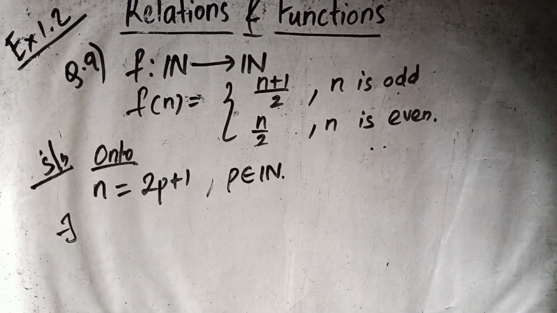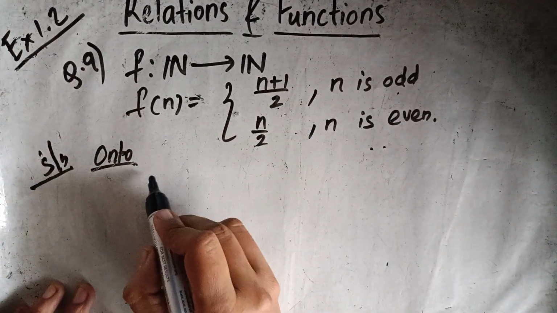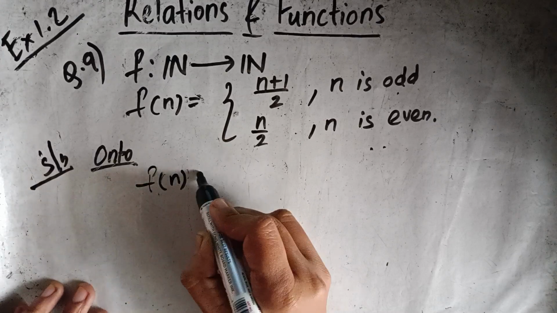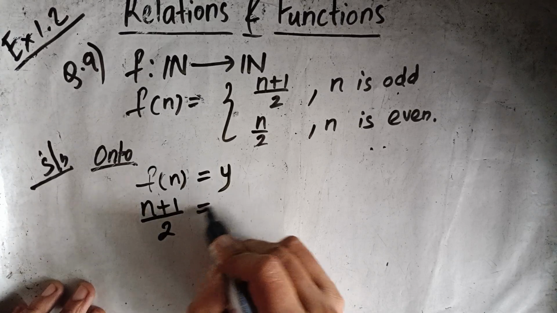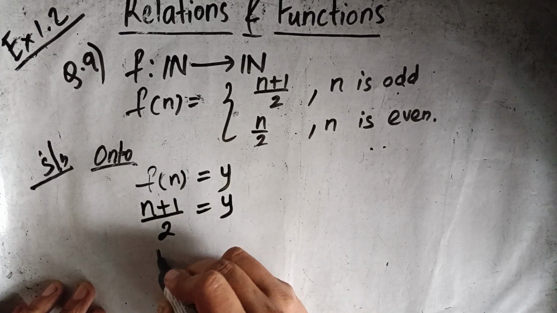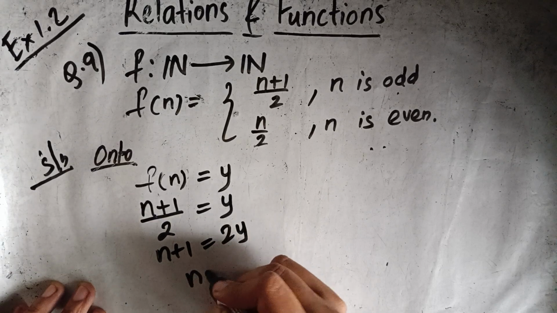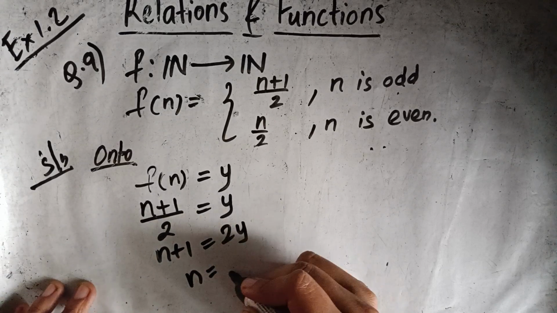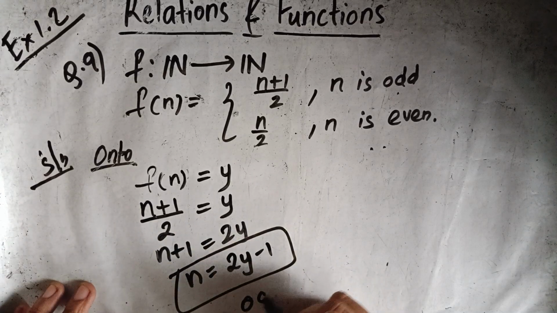Or you can write it like this. f of n equal to some y. Okay, (n plus 1) by 2 equal to y. So n plus 1 is 2y and n is equal to 2y minus 1. This is for odd.